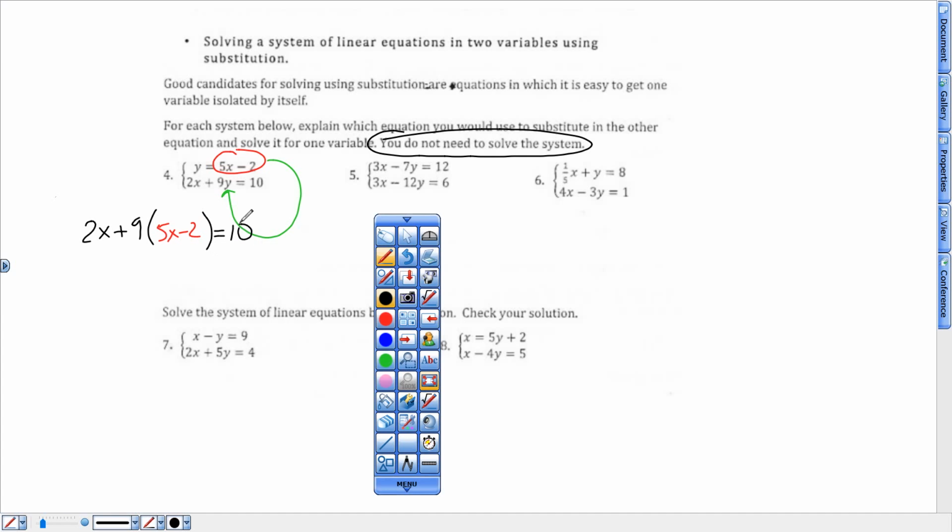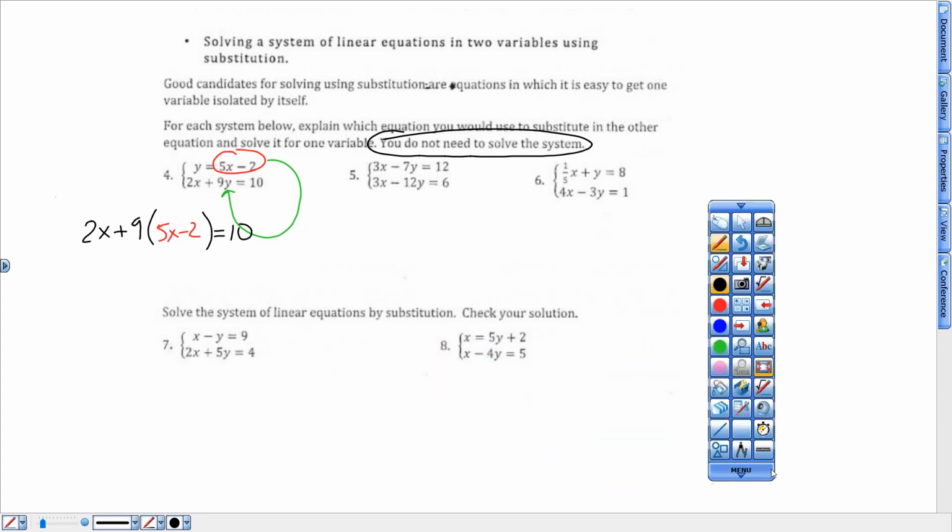All right, for these other ones here, displaying which equation you would use to solve. For these ones up here, man, it's tough. Which one would I want to use to solve? These are brutal, because you've got to do brutal math to solve for y. It doesn't matter which one you use, top or bottom, solving for x or y.